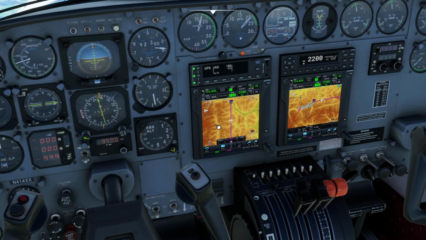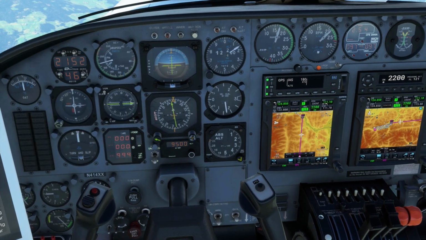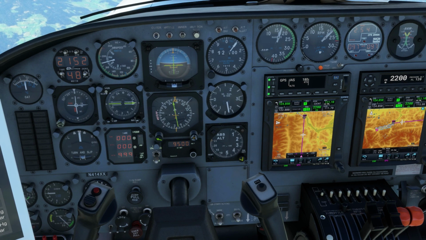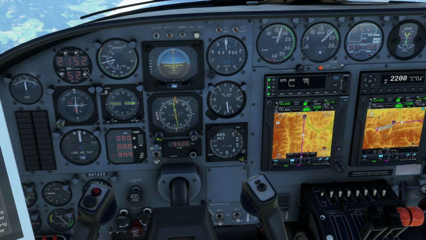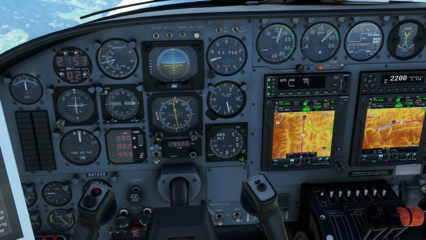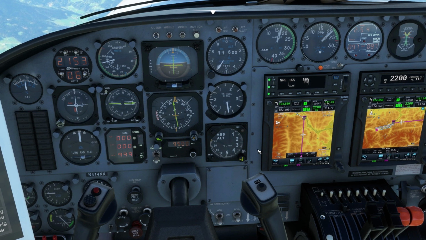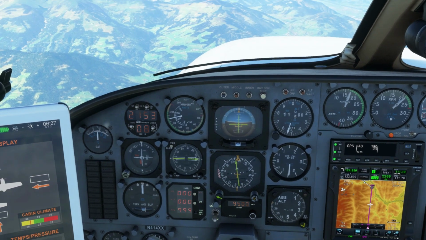Let's go. Let's zoom in. Okay. After 9500, we are allowed to go down to 4400 on the approach.